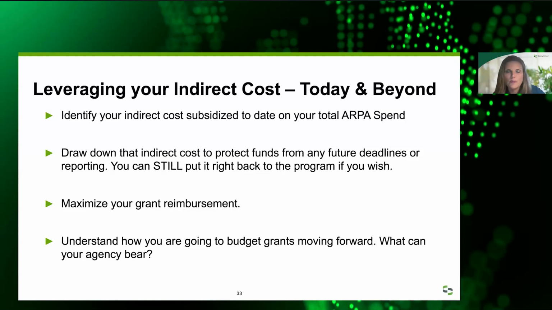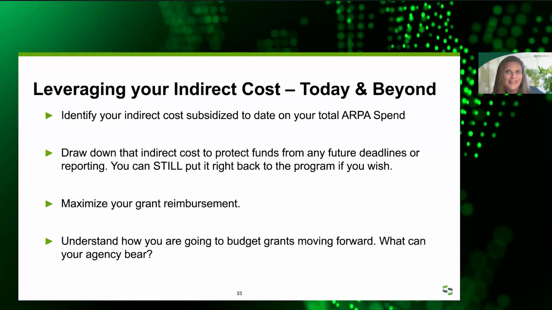So let's say you've spent $10 million to date on this $15 million programmatic budget that you set aside for ARPA. There's still $5 million remaining. So if you had a 30% indirect cost rate, $3 million of that is indirect cost. So if you've spent the 10 million, $3 million is available to you in indirect based on your indirect cost rate.